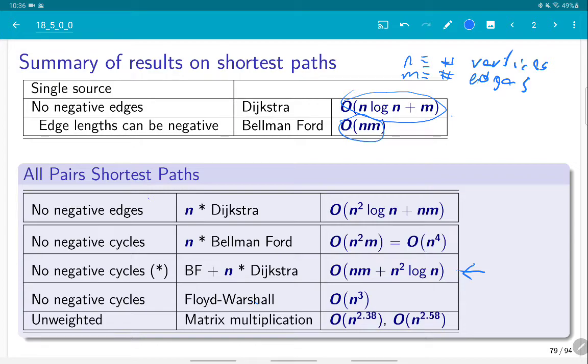And then, as I said, there is Floyd-Warshall. For the unweighted case, one can use a matrix multiplication algorithm. Why matrix multiplication has any connection to shortest path is completely not obvious, but think about it as similar in concept to Floyd-Warshall.